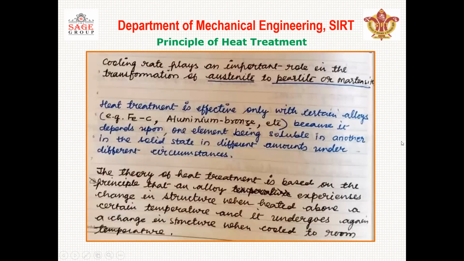Cooling rate plays an important role in the transformation of austenite to pearlite or martensite. We also discussed this cooling rate in the previous lecture. Also, the cooling medium decides the nature of the heat treatment.